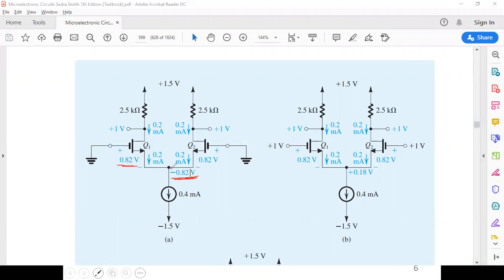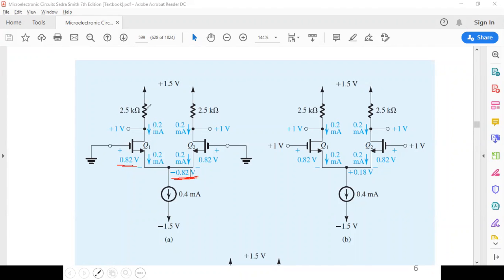Well, VS is 0 minus this drop. Similar to VBE: when you have VB and VBE, how to find VE? Here we have VG and VGS, how to find VS? You subtract 0 minus this value, and it gives you this value. So VS is going to be minus 0.82.